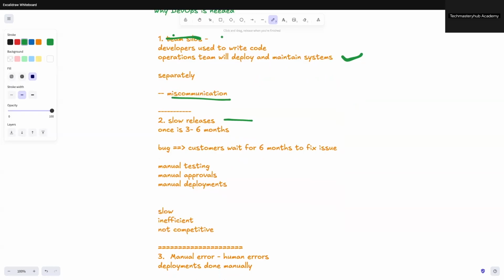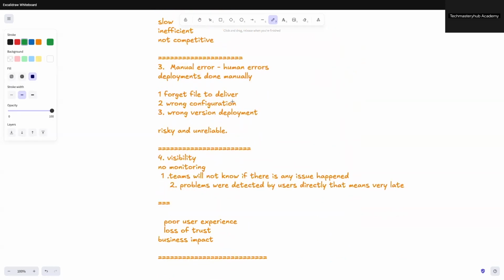It was very inefficient and it was not at all competitive. In today's world, where app updates are available daily, this model simply doesn't work. So this was the second problem in the traditional working style.